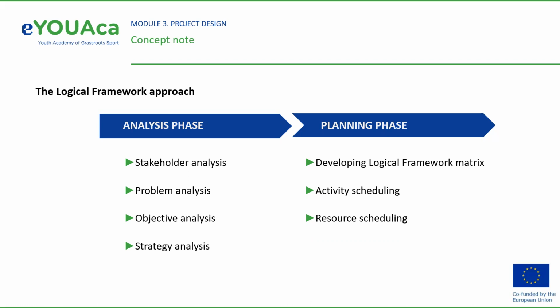The following phase is the planning phase, and the main output that we will share in this lesson is the log frame matrix. A focus on the detailed definition of activities and resources will be provided in the project management module.